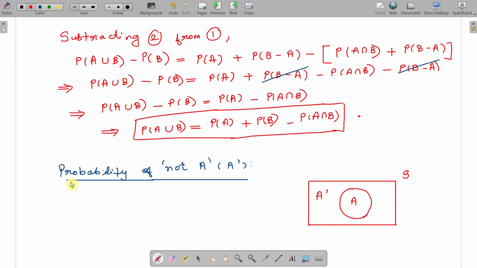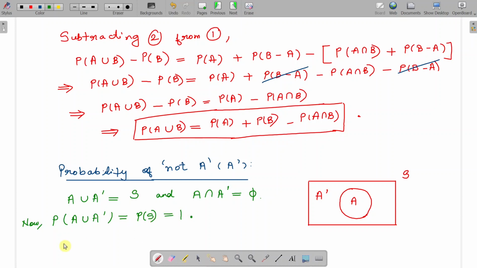By looking at the diagram, A union A complement is the whole sample space S. And A intersection A complement is empty, you know this. So probability of A union A complement is equal to probability of S, which is equal to 1.